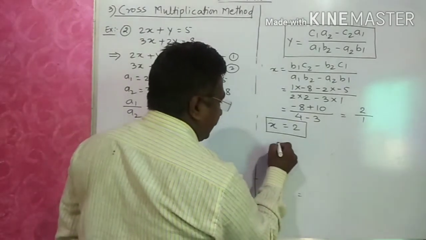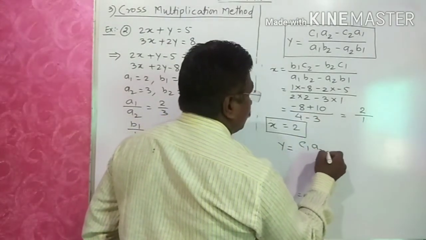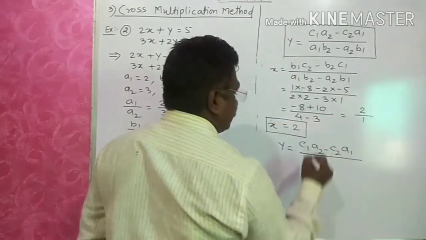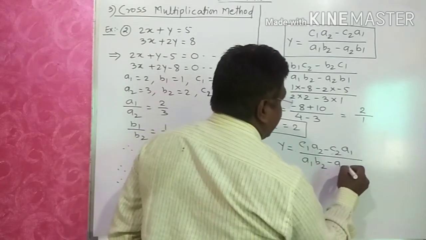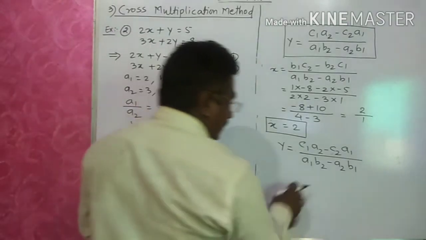Got the value of x? Now y. What is the formula for y? C1 A2 minus C2 A1 by A1 B2 minus A2 B1. So what will we get?